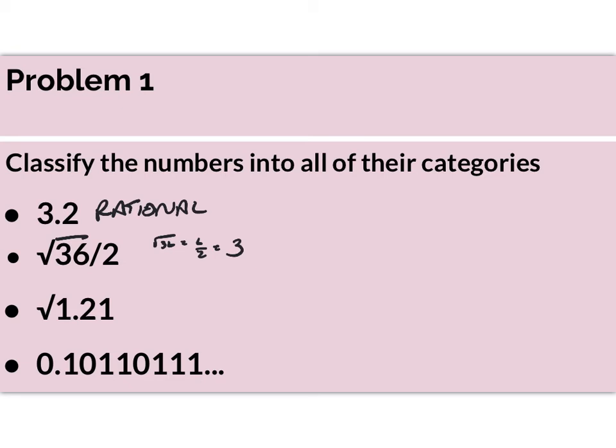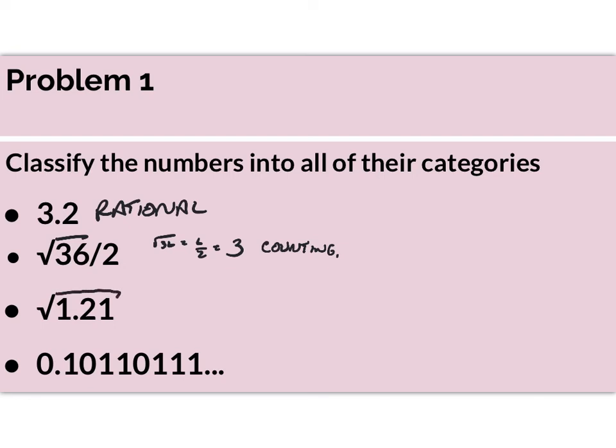So the smallest group it can go into is counting numbers or natural numbers. And it can go all the way up to the highest, which is rational.